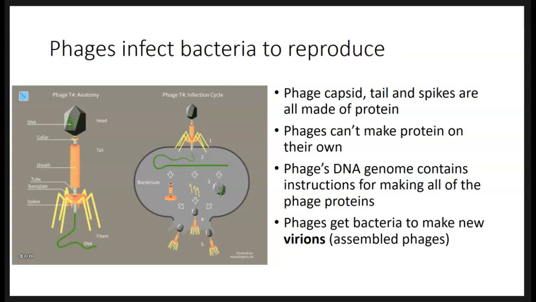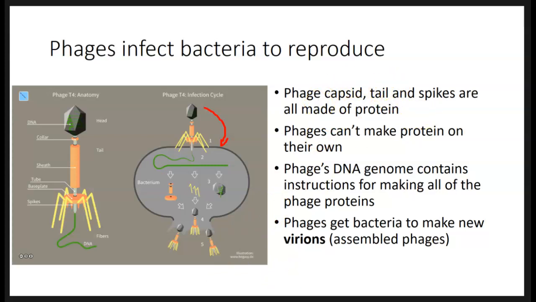So, like we said, phages need to infect bacteria in order to reproduce. And so how does that happen? T4 bacteriophage has to attach to a cell and then inject its DNA into the cell. So why do these bacteriophages do this? Well, phage capsids, tails, and spikes are all made of protein.